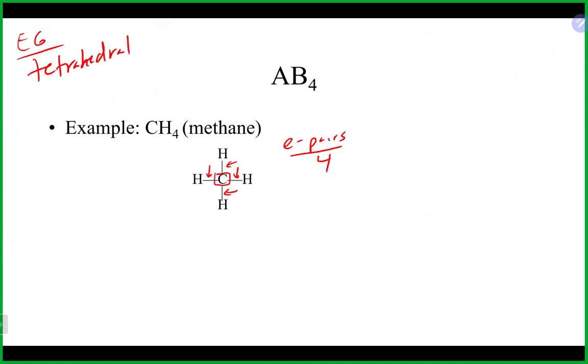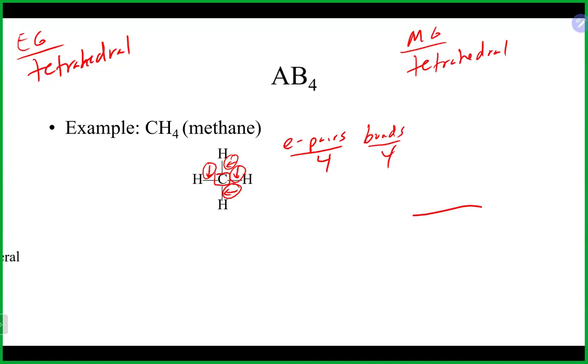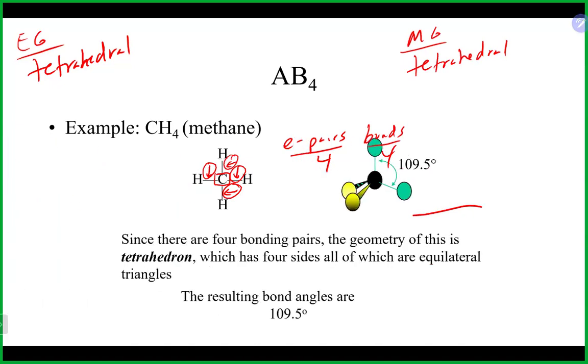And again, because these are all bonds, 1 bond, 2 bonds, 3 bonds, 4 bonds happening here, the atoms will move with those electrons, and we will end up with a molecular geometry name also of tetrahedral. And it will create a bond angle of about 109.5 degrees.